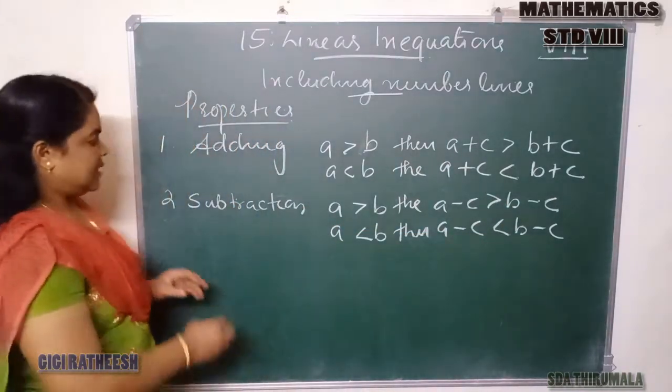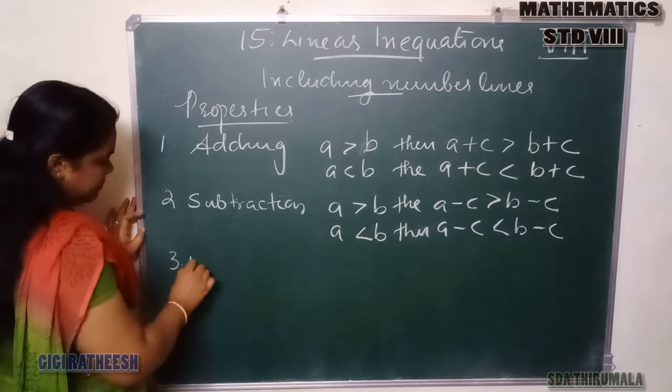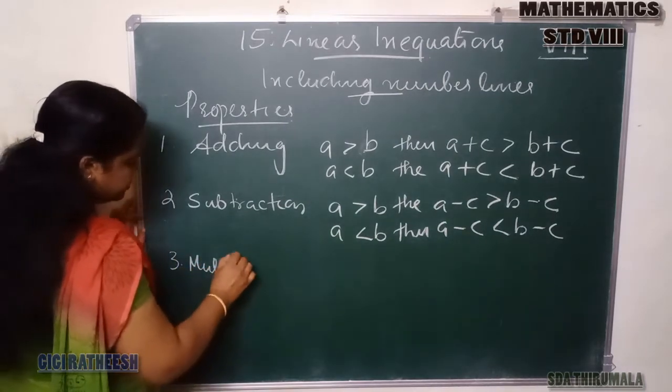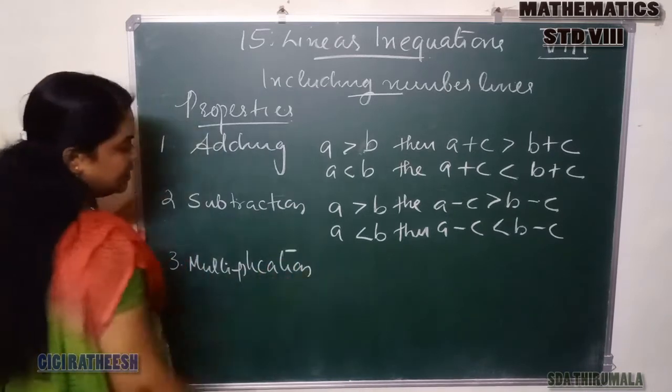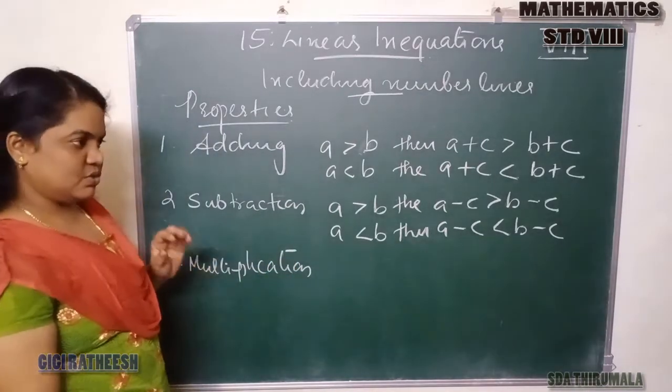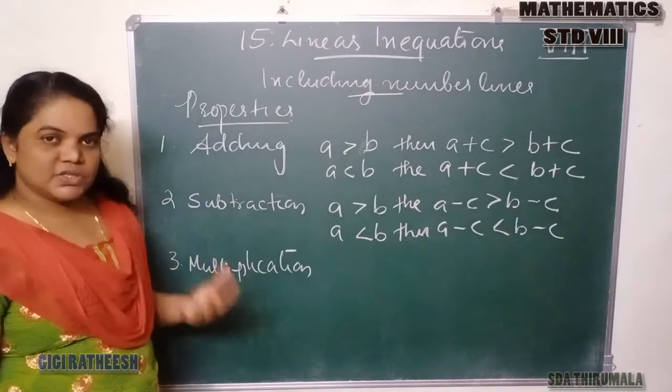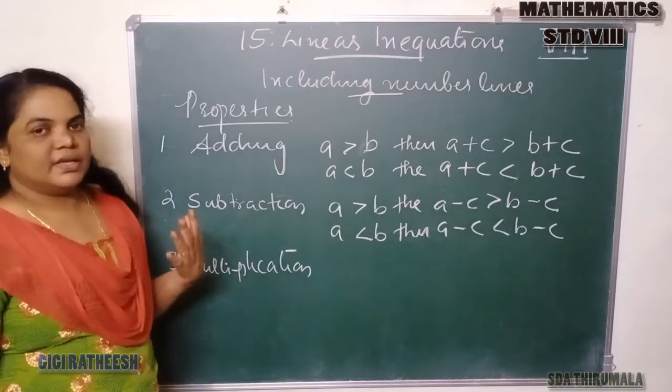The third one is multiplication. Here there are two types: multiplying by a positive number and multiplying by a negative number.